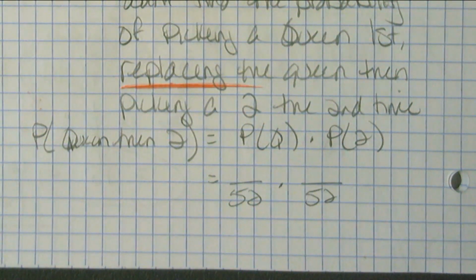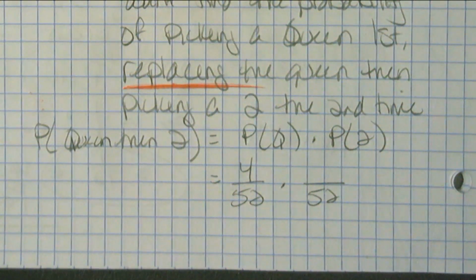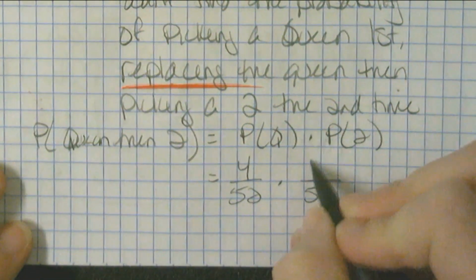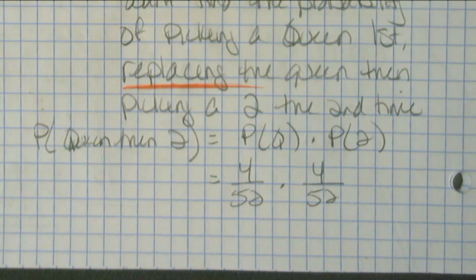So how many queens are there in a deck of cards? I hope you guys understand a deck of cards. Blythe? There are 4 queens in a deck of cards. Blythe, how many 2s are there in a deck of cards? 4. All right, let me ask you guys this. What are the different suits in a deck of cards?